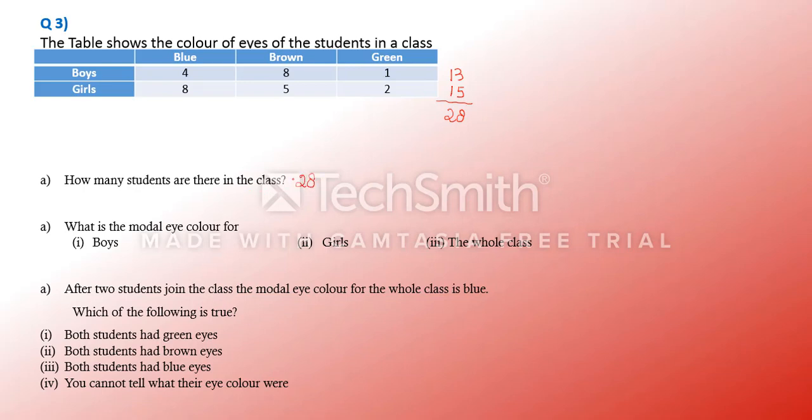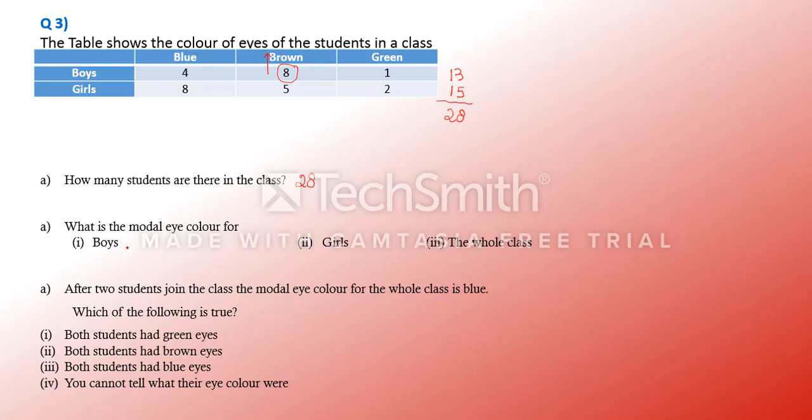It is 28. Alright, now for the second part, what is the modal eye color for the boys? Now again, we're going to run down the frequency values for the boys, and as we can see, the value which occurs the most is 8, and the corresponding data value for the maximum frequency is brown.